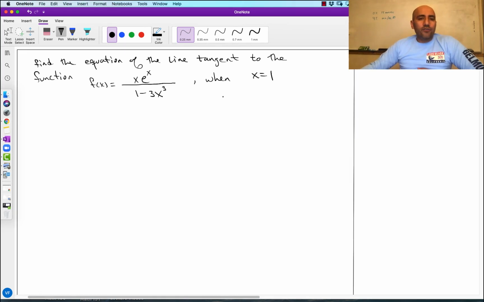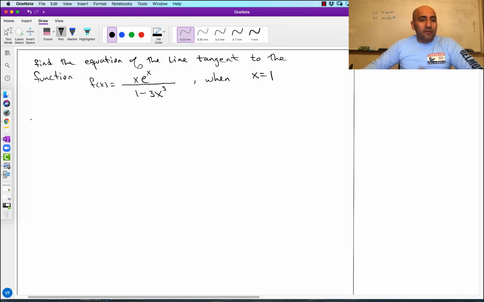Okay, find the equation of the line tangent to the function f of x, where f of x equals x times e to the x all over 1 minus 3x to the third power, when x equals 1. Okay, so we're going to need an ordered pair, a point on our function. So we're going to have to evaluate this function at 1.